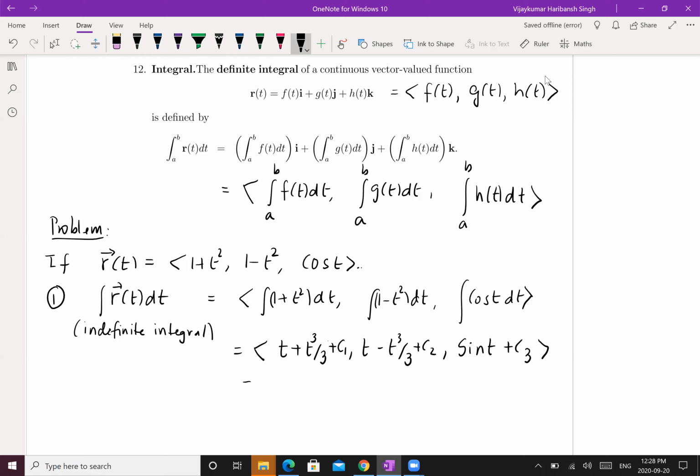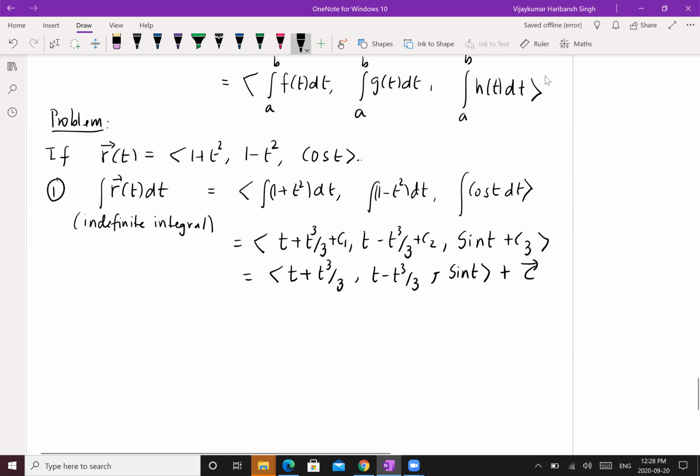So in principle, I can write this as the integral plus a vector c directly, where c equals c1, c2, c3. So this is the indefinite integral.